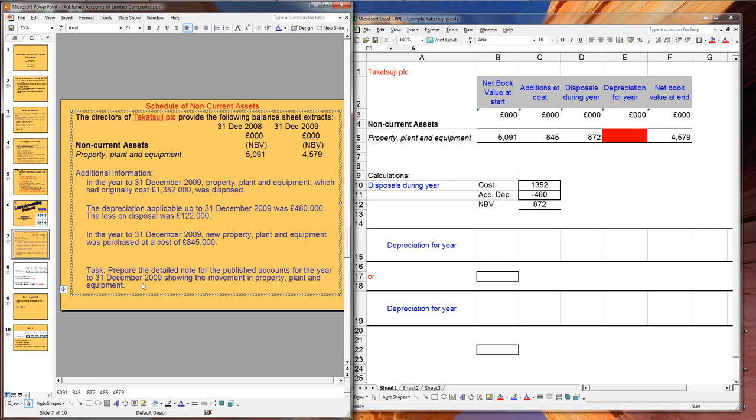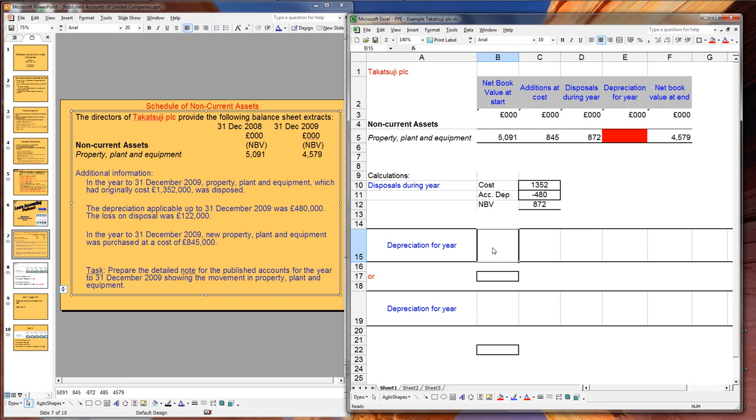Let's go from left to right and work out the depreciation for the year. So we start with net book value at the start. In this case, if we're going forward in time, as in the natural course of time, when we buy more assets, that's going to increase the net book value. So we've got a plus, that's going to increase it by the additions at cost. Disposals, if it's disposal during the year, then it's going to decrease the net book value.